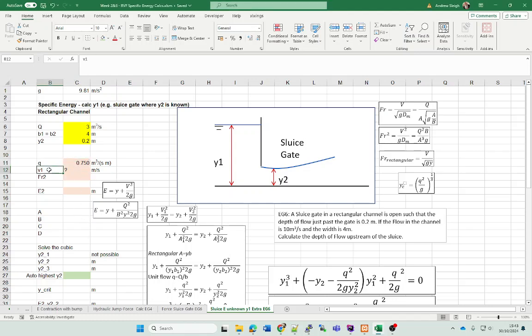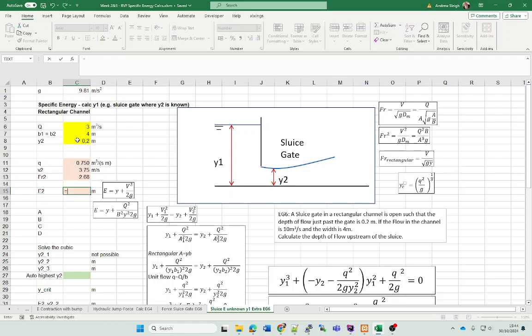Now, V2 is equal to Q divided by y, so 3.75 meters per second. Froude number downstream, let's just see what that will be. It's equal to V divided by the square root of g times the depth, where d is just depth for a rectangular channel.